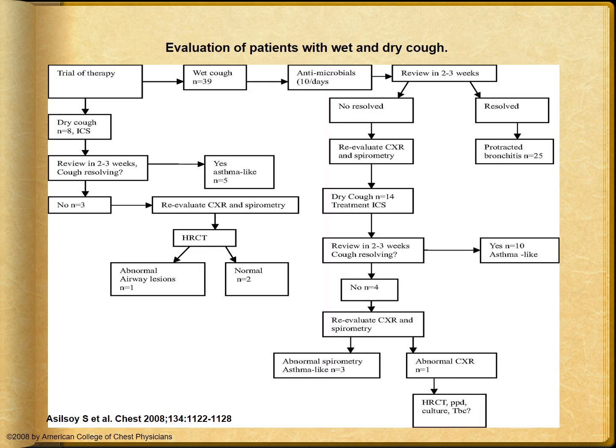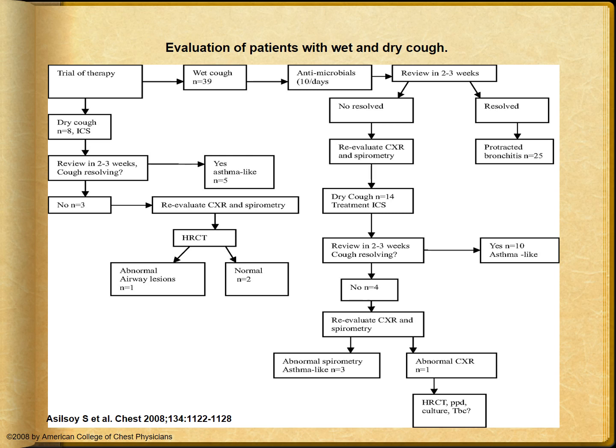So the algorithm tells us how to evaluate a patient that comes in with a wet and dry cough. So with a dry cough, you want to perform a trial therapy with your inhaled corticosteroids. And you want to tell the patient to come back in if they don't feel better. You want to review in 2 to 3 weeks to find out if the cough is resolving or not.